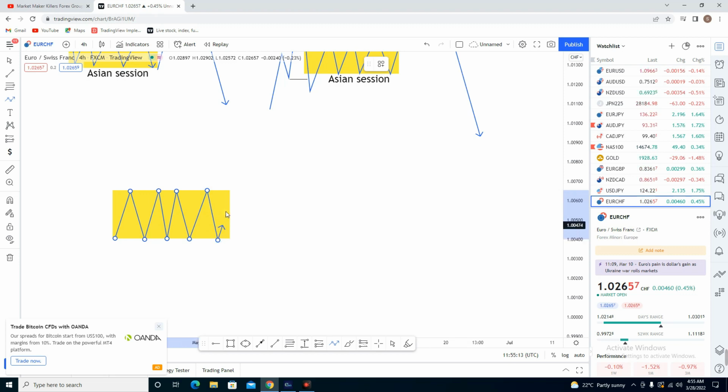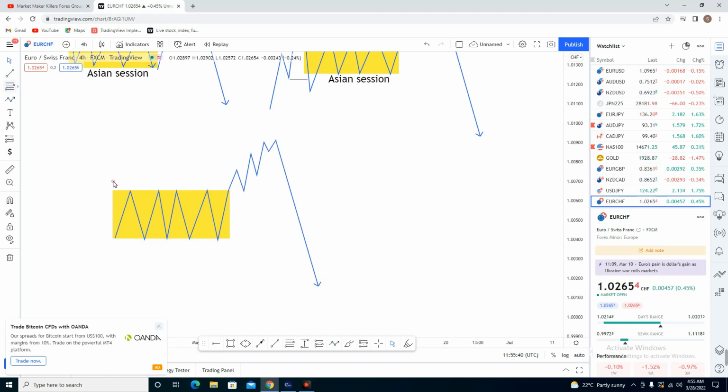Then when the Asian session ends, we're going to see a burst in price. This is used to induce traders to go the wrong direction. So you'll have a burst of price moves to the upside, then we get the high of the day, and then we continue with the move downwards.